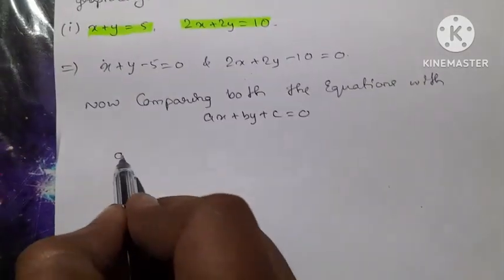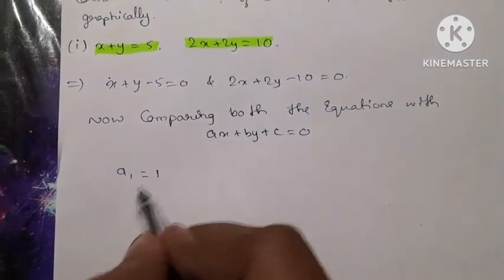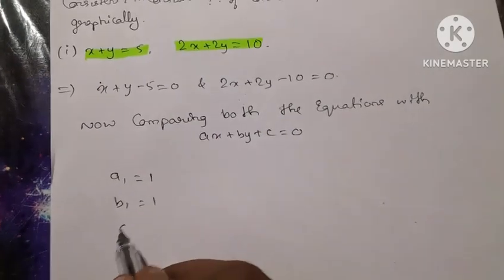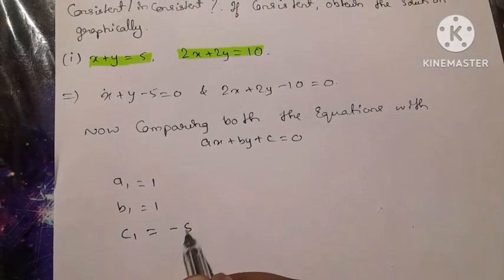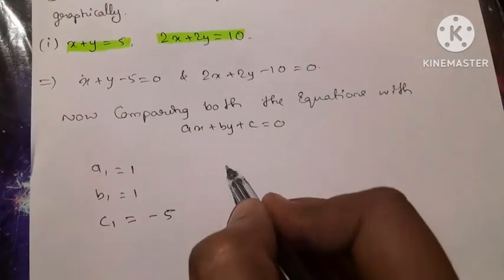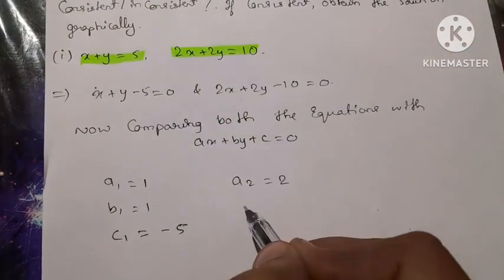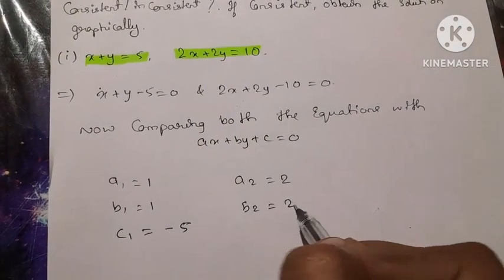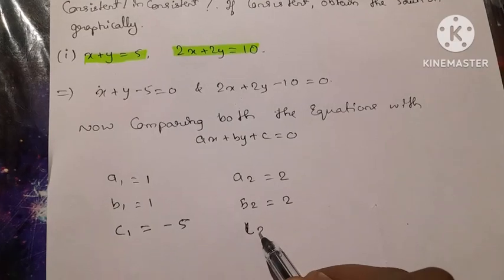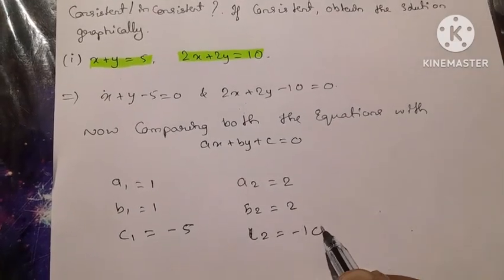What do we get? a1 is equal to 1, b1 is equal to 1, c1 is equal to minus 5. Similarly, a2 is equal to 2, b2 is equal to 2 and c2 is equal to minus 10.